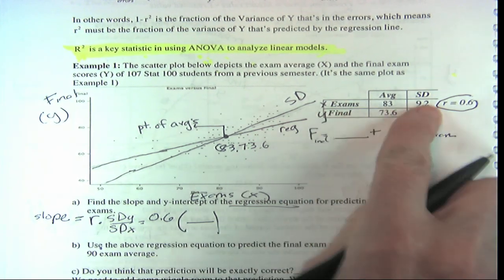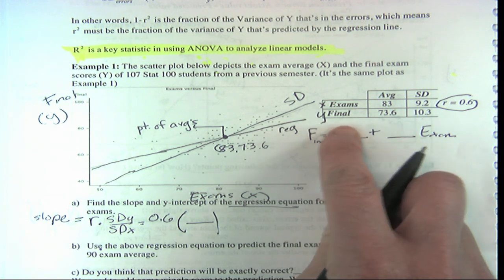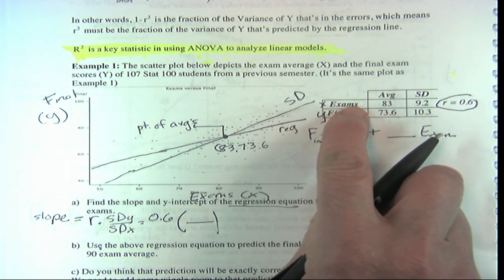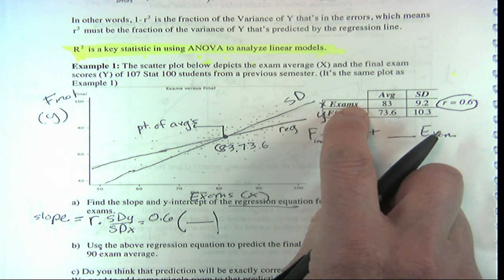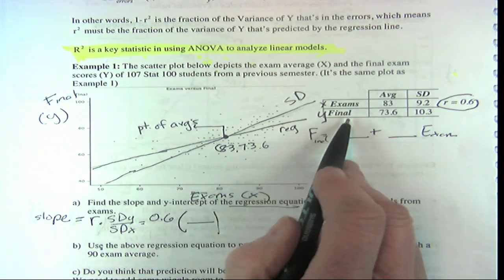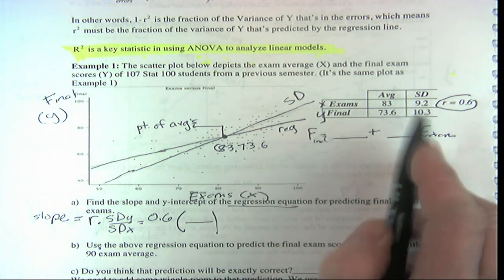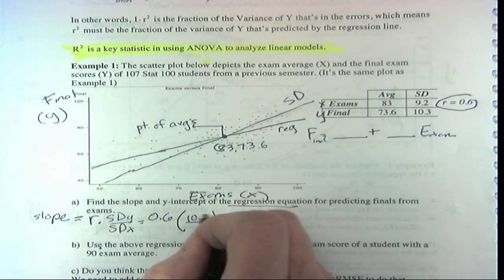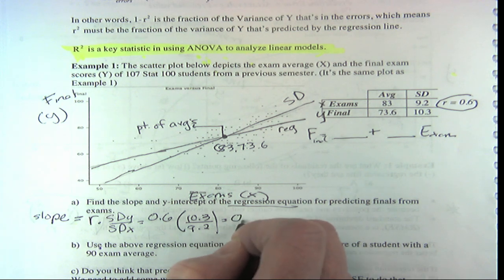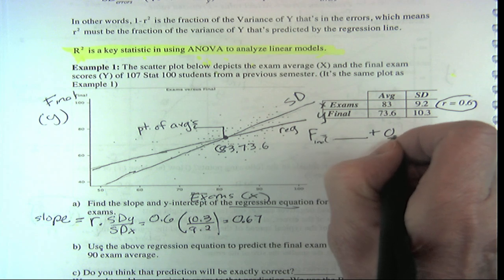They won't always be in a table with x on top of y. Students saw that so many times that they just assumed the top one is x. I don't even pay attention to that when I'm making up exams. So make sure you know whatever you're predicting is the y. Okay, so that's 10.3 over 9.2, and rounded, I got 0.67. So that's what we're going to put right in here.